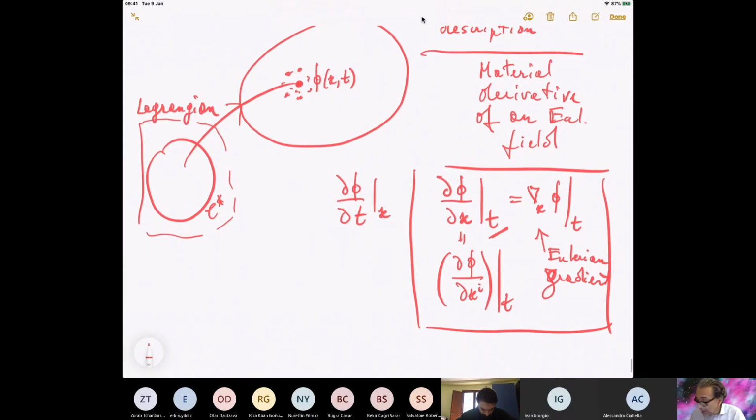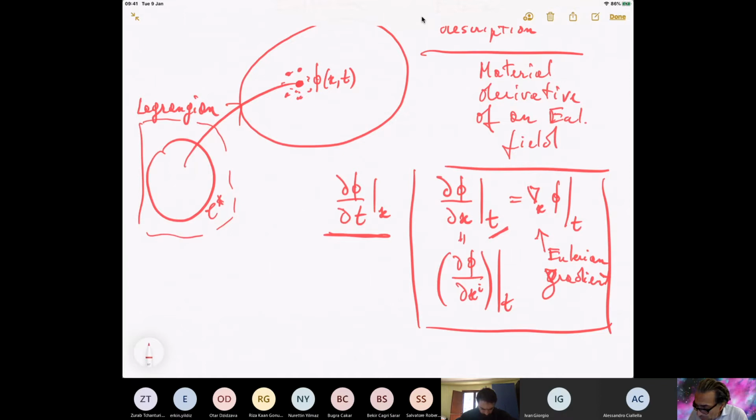Otherwise, I can block small x, so I stay in one position and I let time flow. So I estimate phi at x blocked in different time instants. Okay?